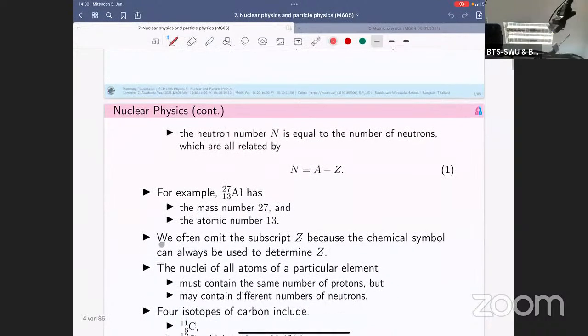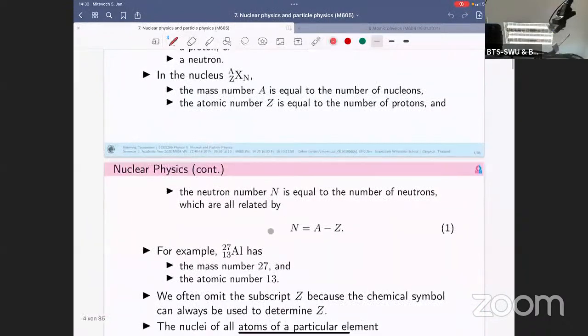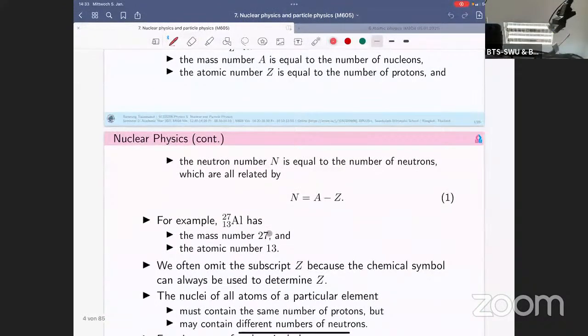We often omit the subscript Z, on the left side, because the chemical symbol can always be used to determine Z.